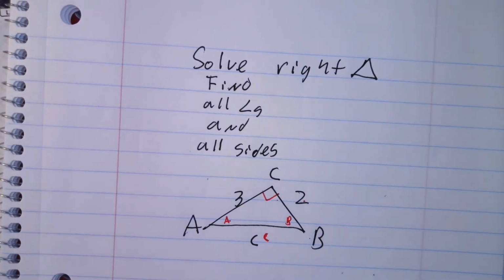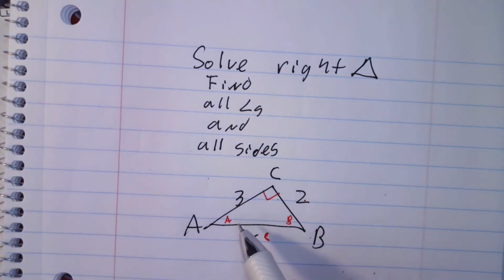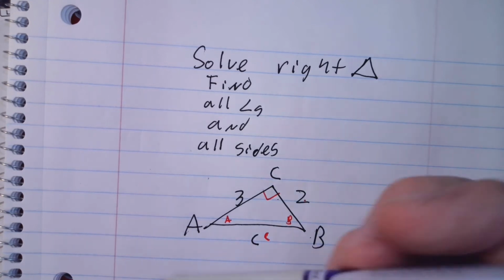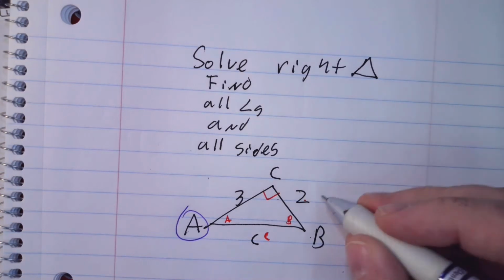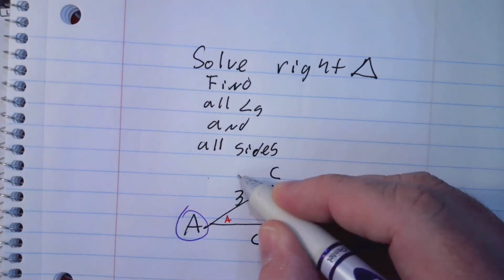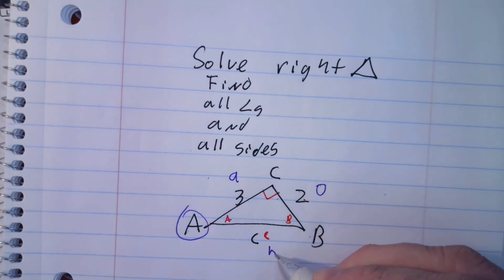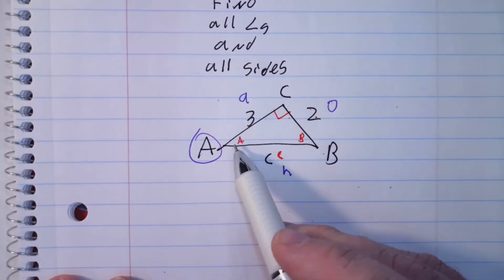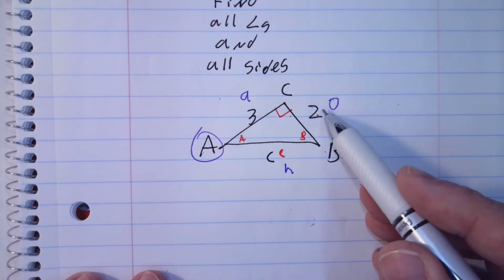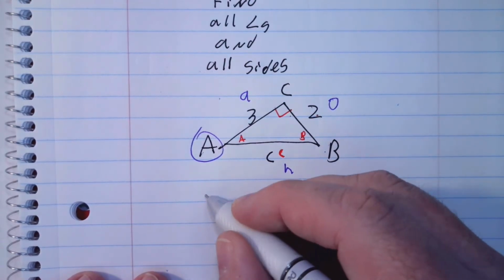But I probably am going to start out with some trigonometry because to find the angles, at least the first angle, I'm going to have to use trigonometry. So I'm going to start out looking for A. To find A, I know that this is opposite, this is adjacent, and this is hypotenuse from A. So let's just start there. I have two numbers here, so I'm probably going to use tangent again.